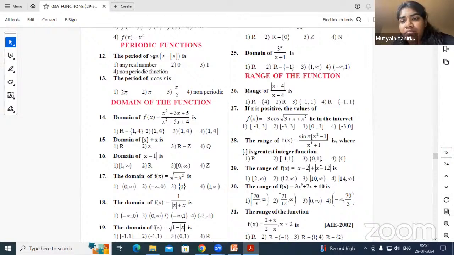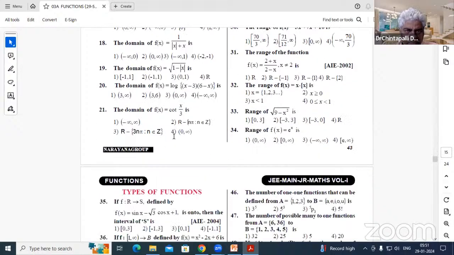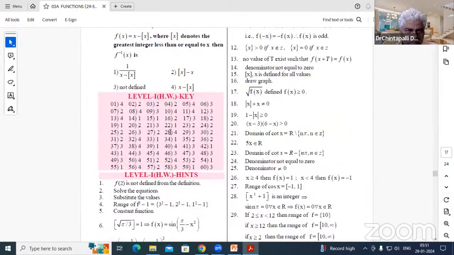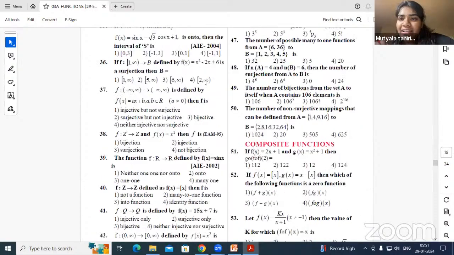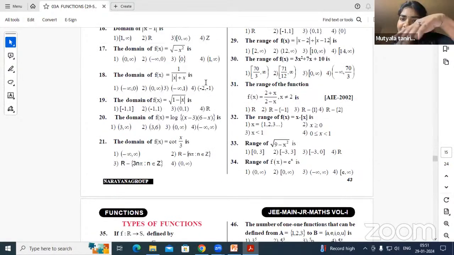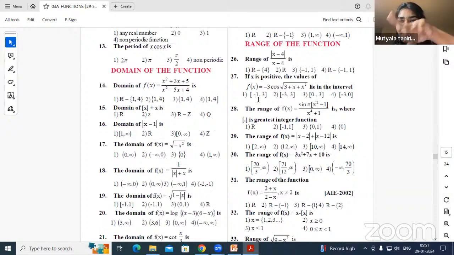So it's option 1, sir. Right. Very good. See, same hint. In the MCQs, in the options for the 14th question, there's only one R minus {1}. That's why we can choose option 1 without solving. Very good. That's right.